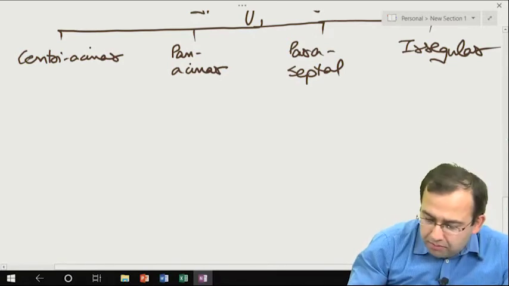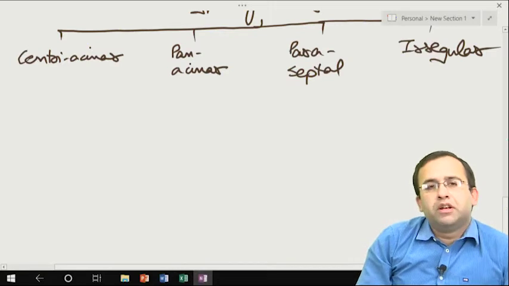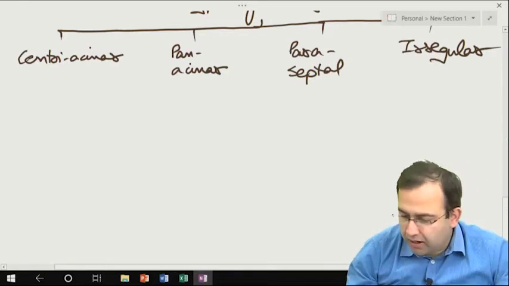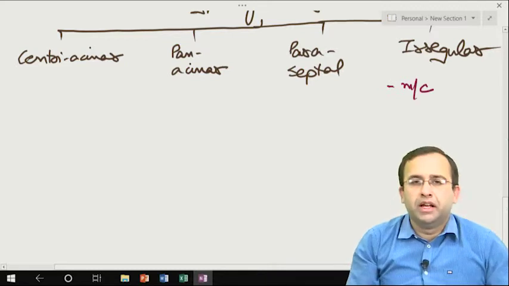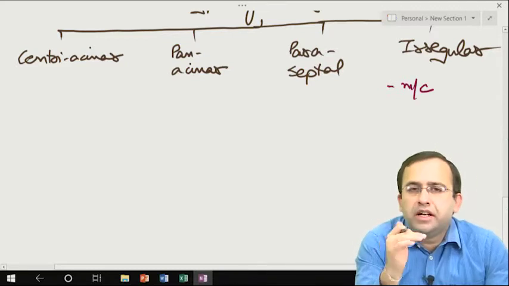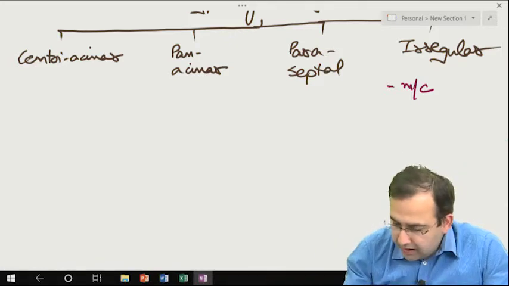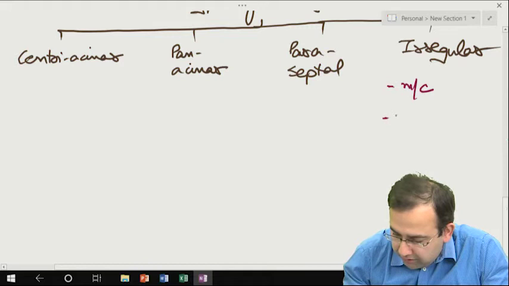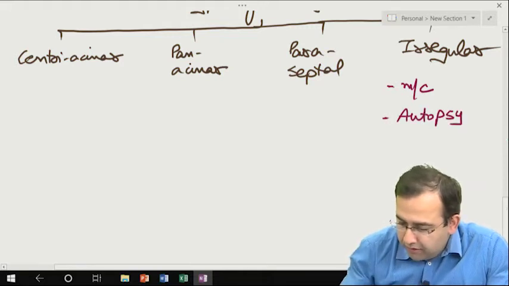First point, most common emphysema. Most common is irregular. When is it detected? Neonate, infant, children, after death. It is an autopsy finding.